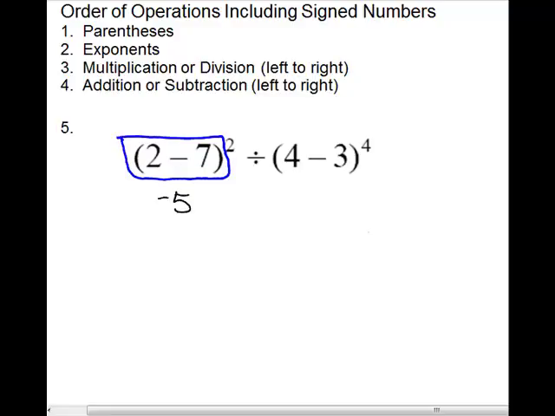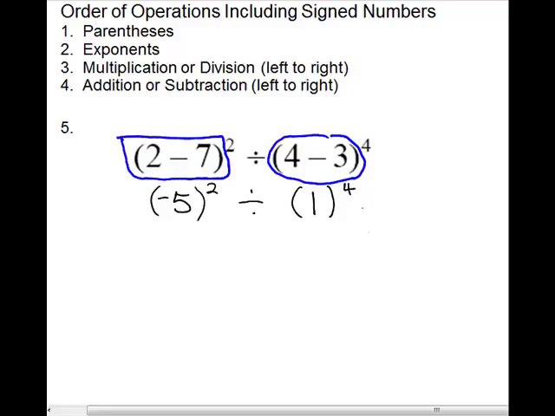So sign's going to come from the 7. Keep your parentheses because there is an exponent. We'll also do the other parentheses. And 4 minus 3, or 4 and a negative 3, is going to give us a 1. Positive, because sign of the larger. We will keep the parentheses because there is an exponent.